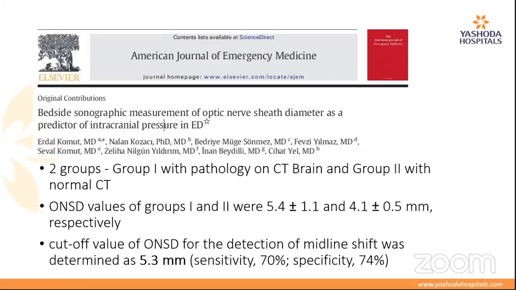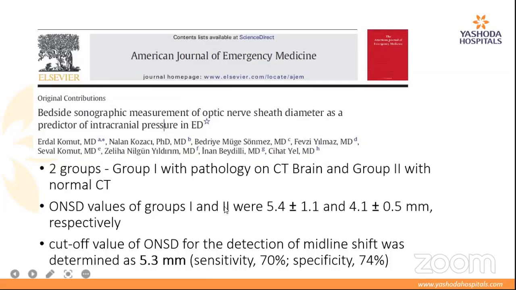In this prospective study, the ONSD values of group 1 were 5.4 plus or minus 1.1 mm, and group 2 were 4.1 plus or minus 0.5 mm respectively. The cutoff value for determination of midline shift was 5.2 or 5.4.